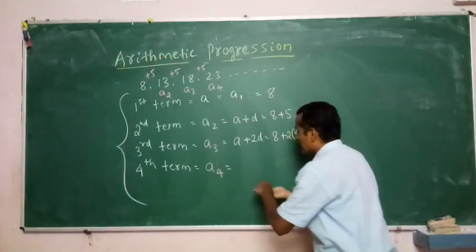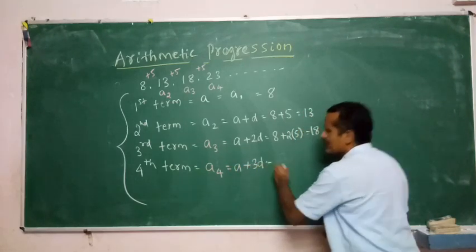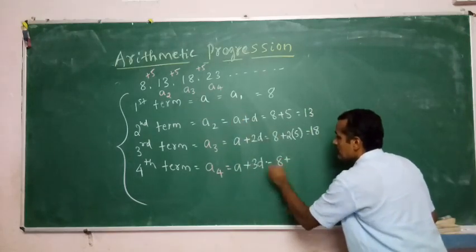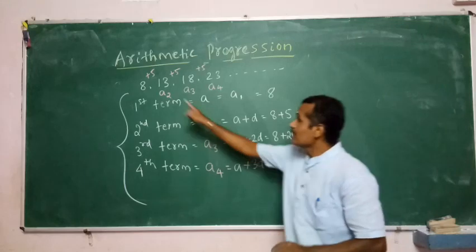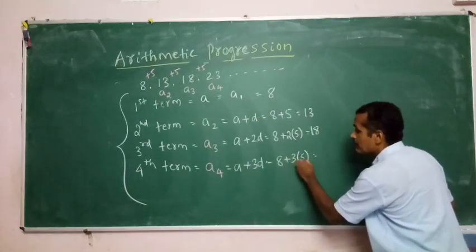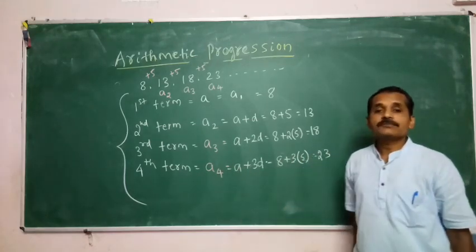I can write A4 is equal to A plus 3 times D. A is how much? 8. 3 times D is how much? D is 5, 3 times I have to add. 15 plus 8 gives you 23, which is the fourth term.